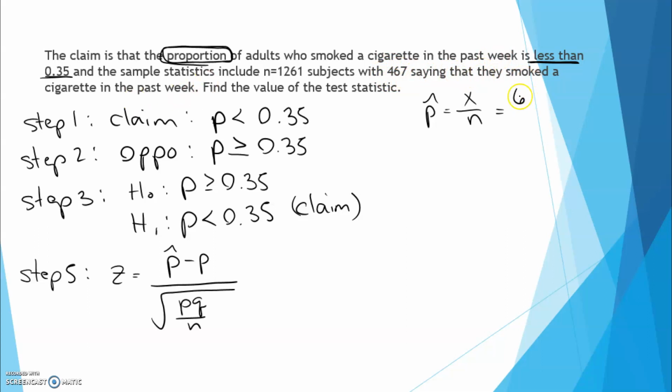So 467 divided by the total, well, 1,261. Okay, that's going to give me, I'm going to divide those two, 0.37.